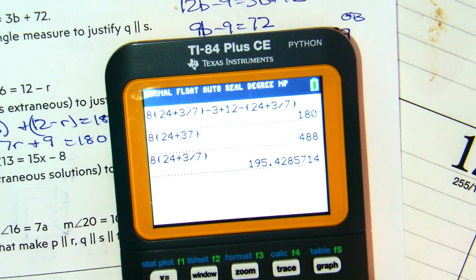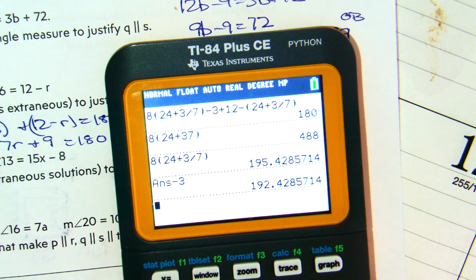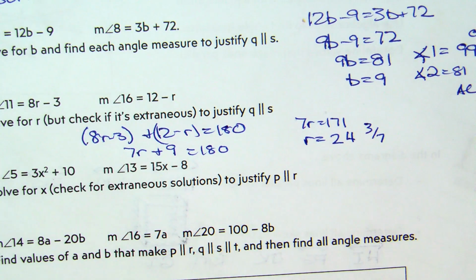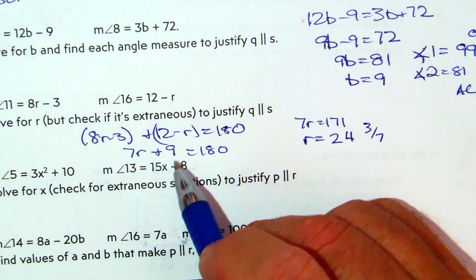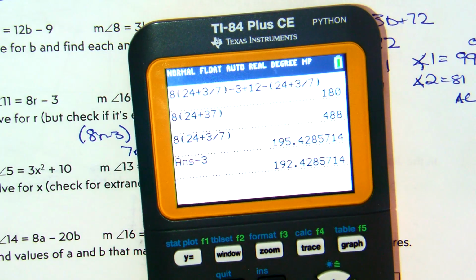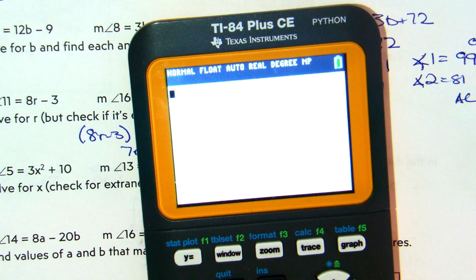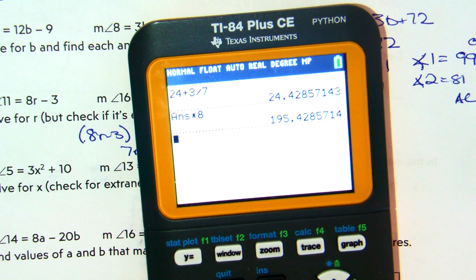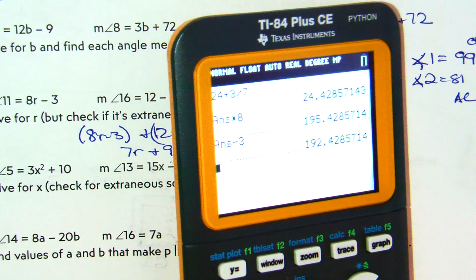Now to that I'm going to subtract 3, which gives 192.